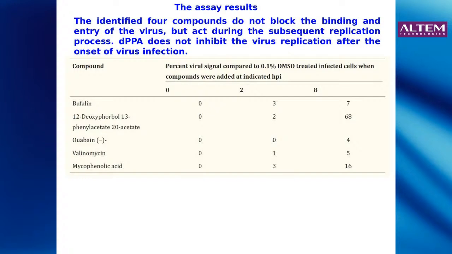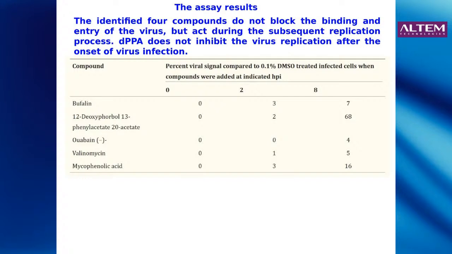So you can see that bufalin, which is in row 1, and ouabain, valinomycin, and our control mycophenolic acid, were able to inhibit the virus replication even at 8 hours post-infection. But the phorbol esters did not do that. They were able to inhibit only in the early period of the virus infection.